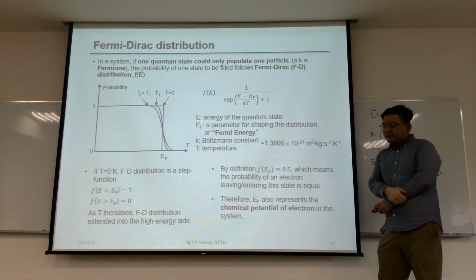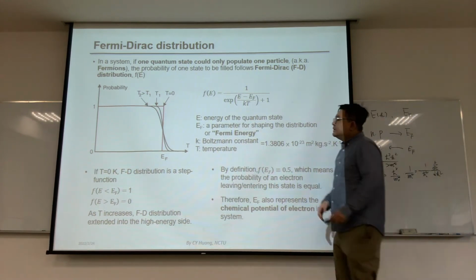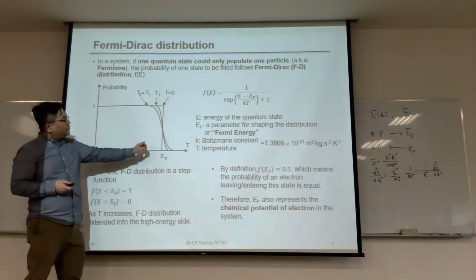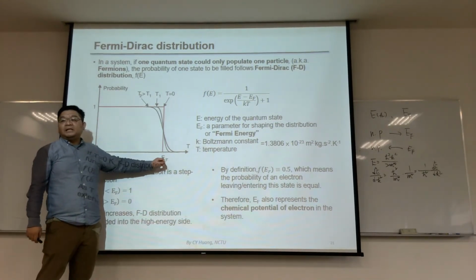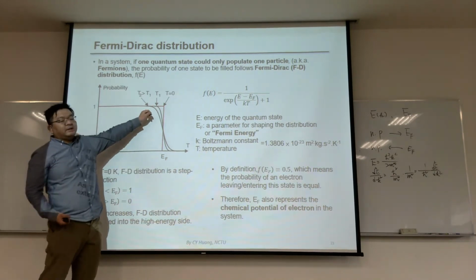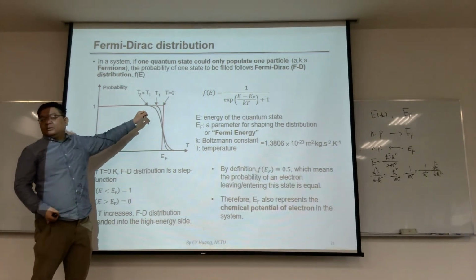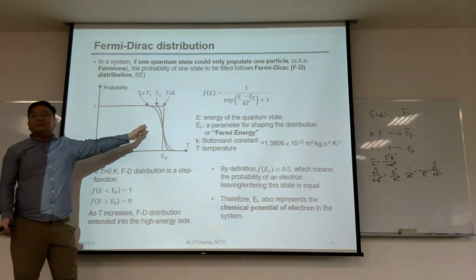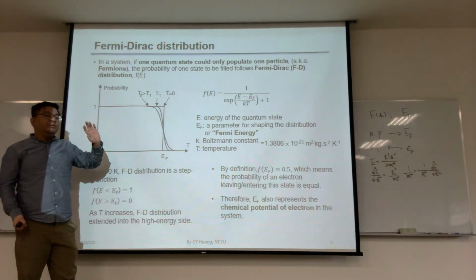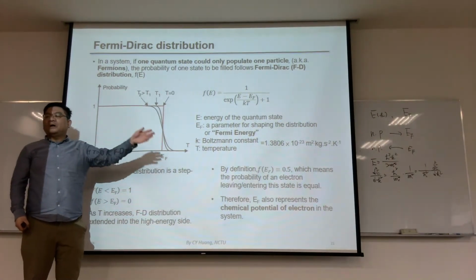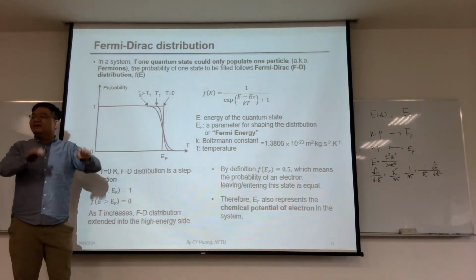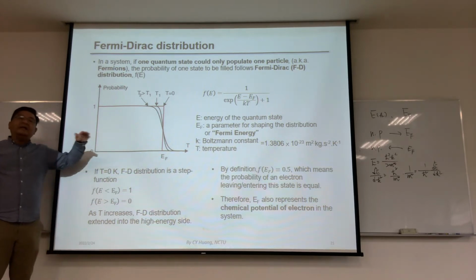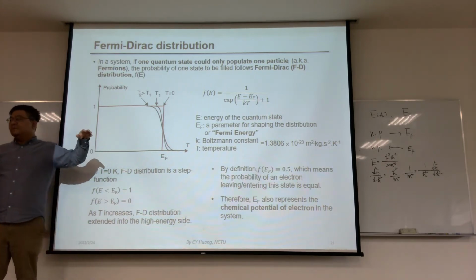This is the case of the Fermi level. If you take a quick observation, you will know that when the energy is at the Fermi level, E equals EF, its probability of existence will be half. So what does that mean? That means the electron will try to hop in and hop out with the same probability. So it will be something like an average energy of that system.